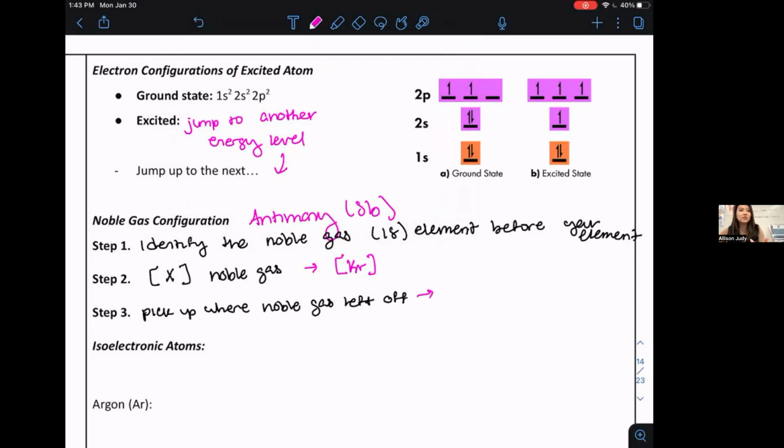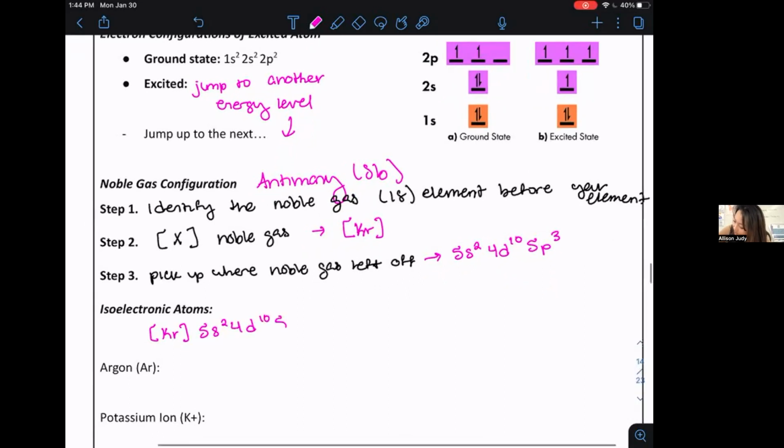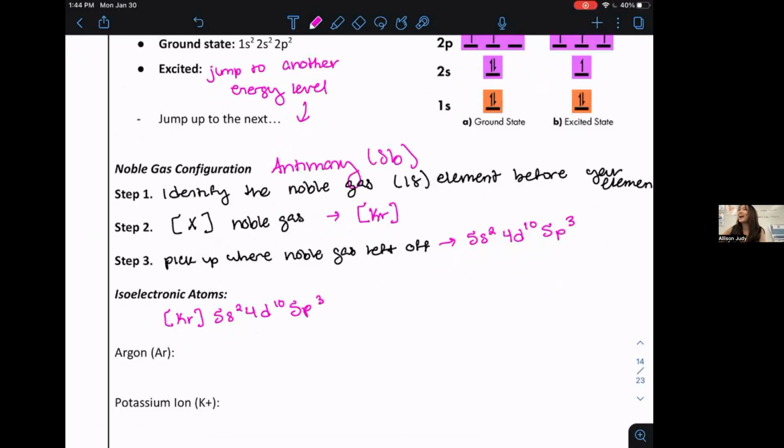So it would be 5s2, 4d10, 5p3. And that right there collectively would be [Kr] 5s2 4d10 5p3. This is the noble gas electron configuration for antimony, Sb.